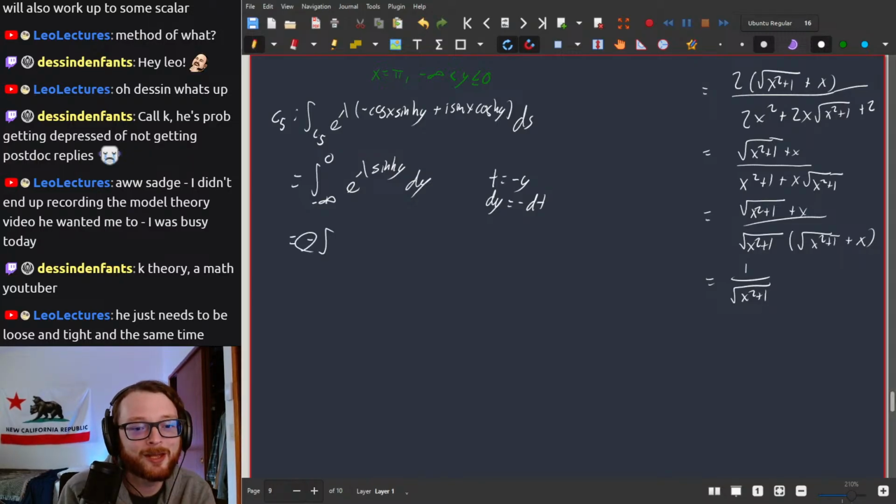Okay, this minus sign comes from that minus sign. When y is negative infinity, t is positive infinity. When y is 0, t is 0. I'm reusing t, which is a bad letter to use.